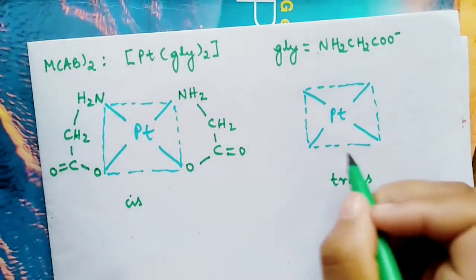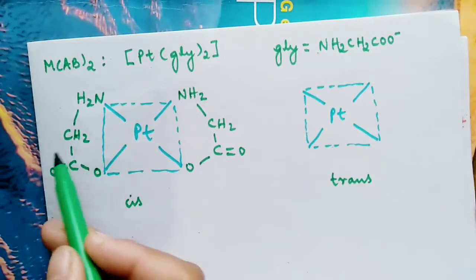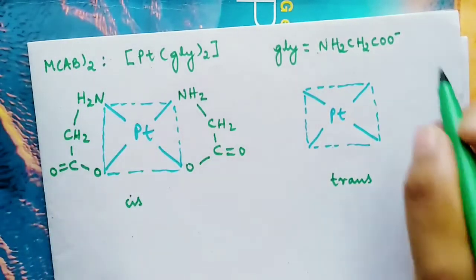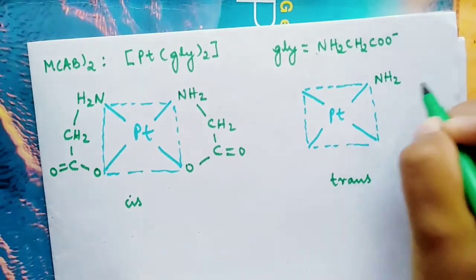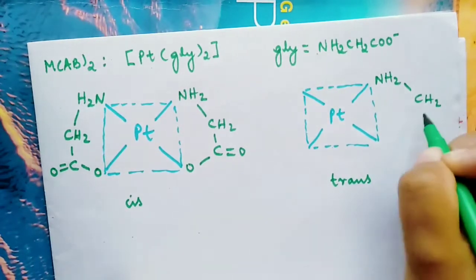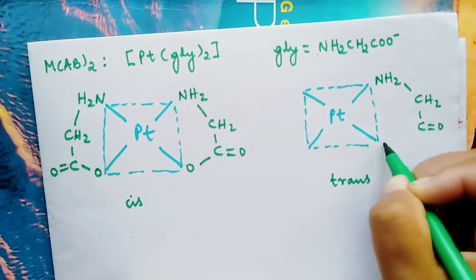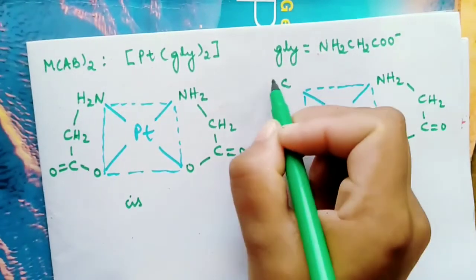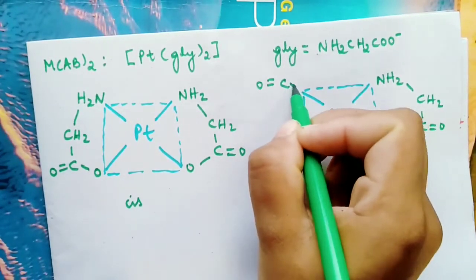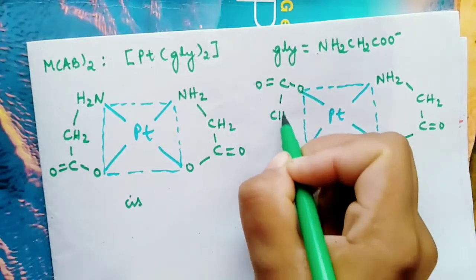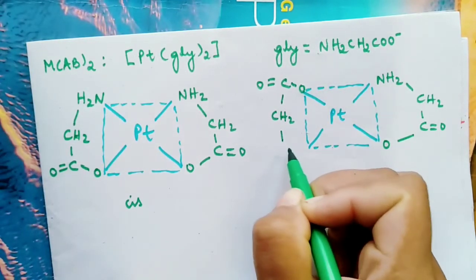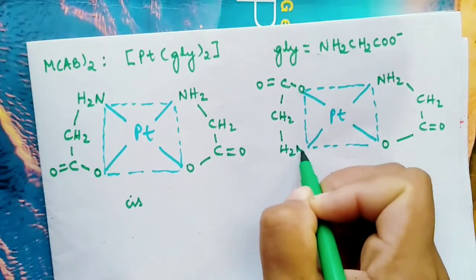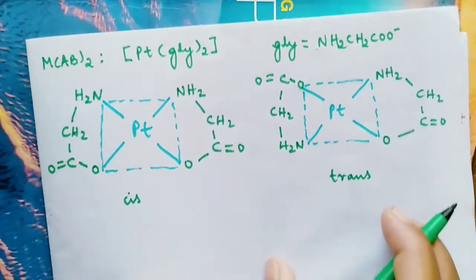Whereas for the trans, interchange this one with this. This one remains as it is. CH2, C double bond O. Here we have O in this way. Now interchange here. C double bond O. We have O, CH2, and then we have NH2. Okay, so this is your trans isomer.